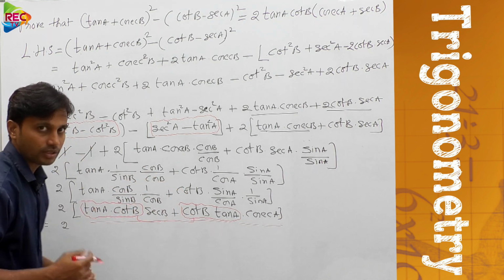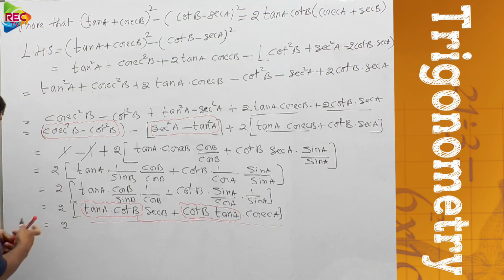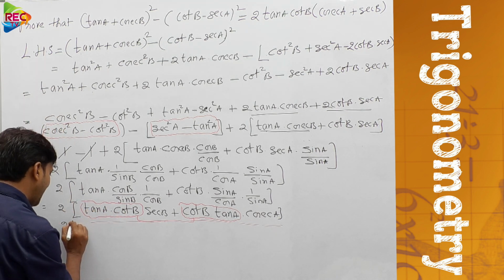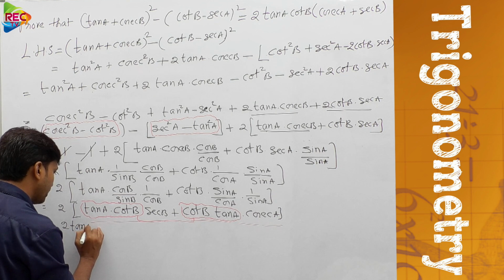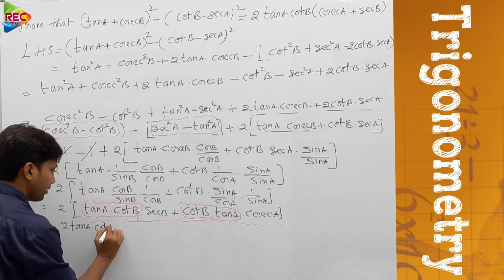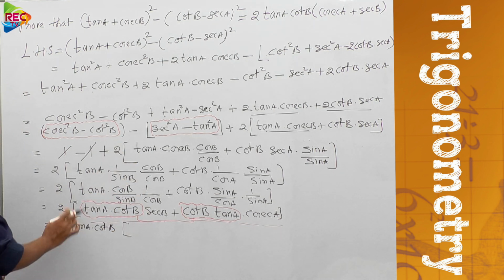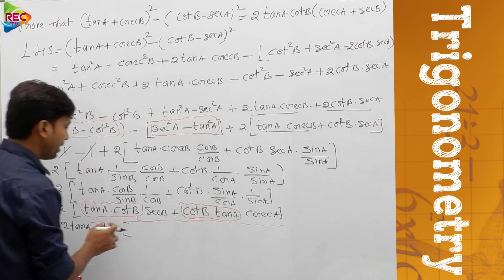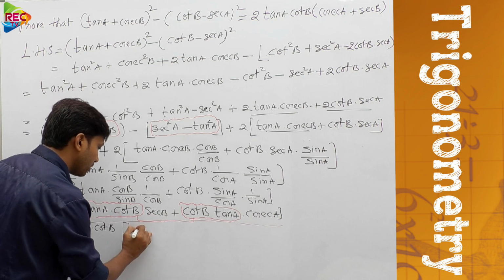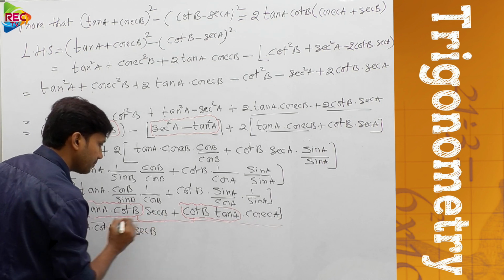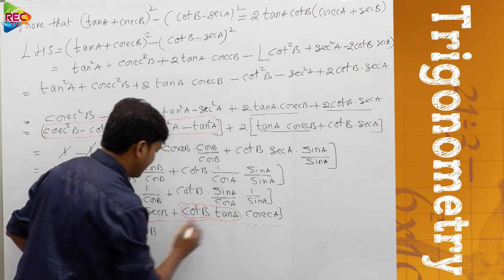Can we take common or not? Exactly. So we can take it common. So 2 into tan A cot B we can take common. We took common tan A cot B. So now inside this bracket, what is left over? So this is secant B or not? And this is cosecant A or not?